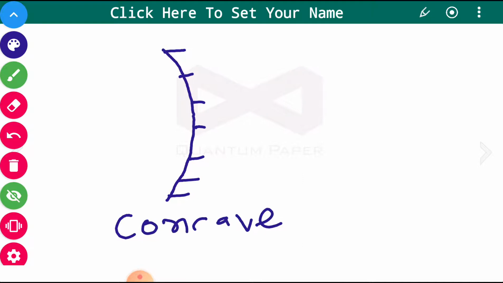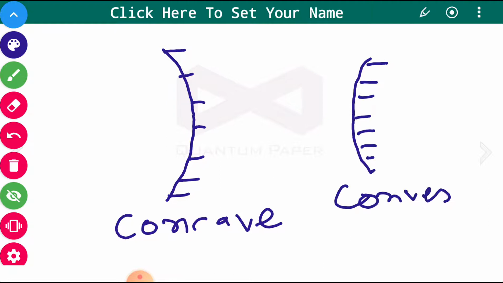And if the outer surface is made reflecting, then this is the convex mirror. So this is the way you show the two mirrors. This is the convex mirror and this is the concave mirror. Now, first we shall understand the different parts of the mirror, and then we shall discuss the sign conventions.